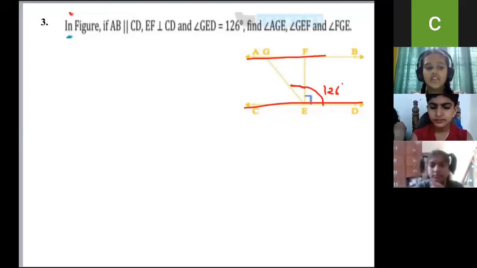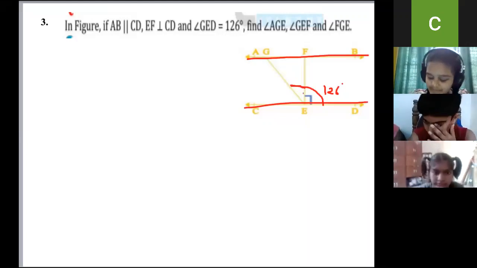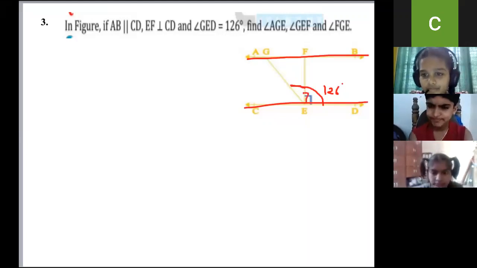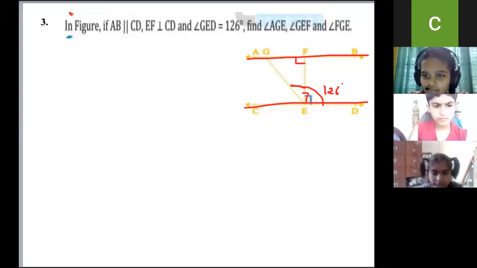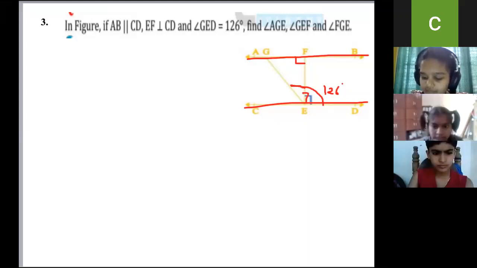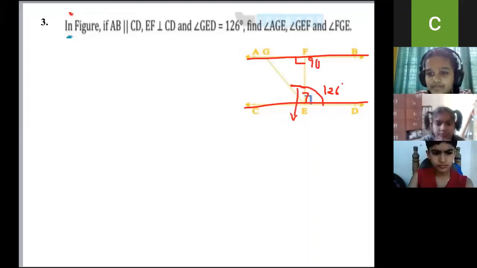Yes or no? So if this is 90 degrees, what will this be? This is also 90 degrees, alternate interior angles. So this is 90 degrees and this is 36 degrees, because the sum of these two angles is 126. So 126 minus 90 gives 36 degrees. Got it? Now what about this? How to find this?